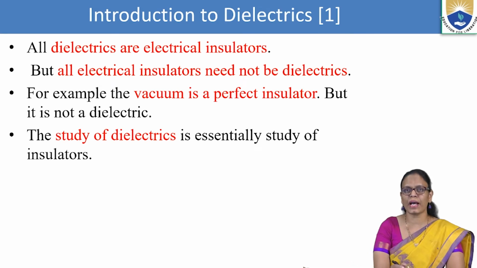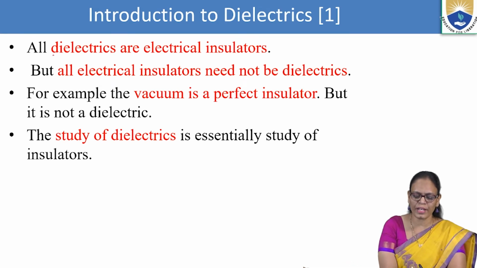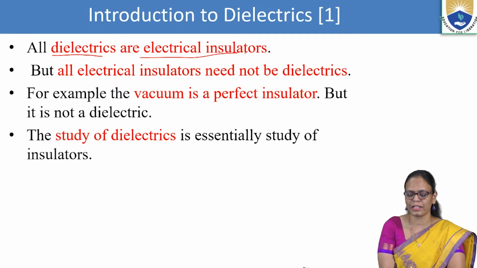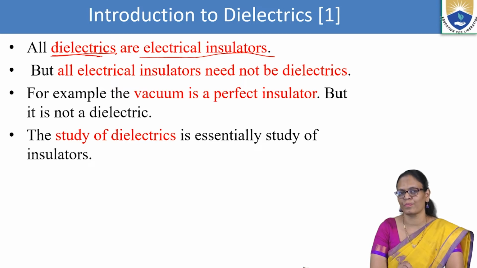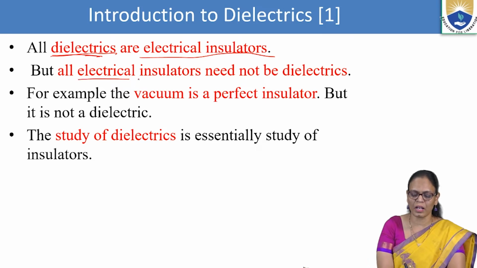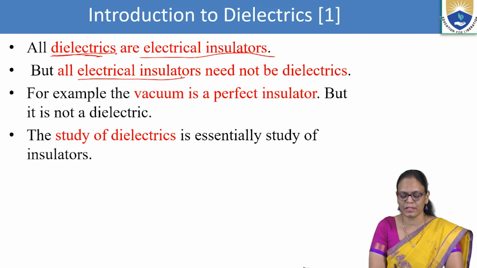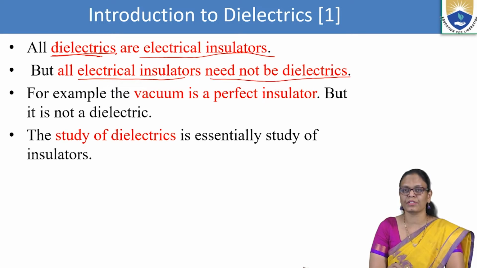Now, when it comes to dielectrics, all dielectrics are electrical insulators. Whenever I am talking about a dielectric, it is insulating. It can be used for electrical storage. But will all insulators be dielectric? No. All electrical insulators need not be dielectric.